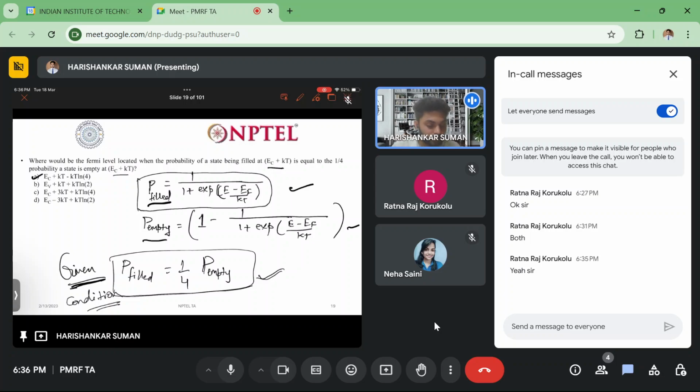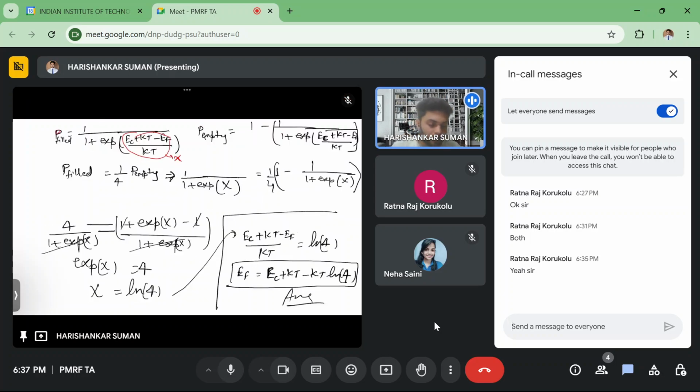Solve these equations. The energy is E plus kT for both filled and empty, the same.